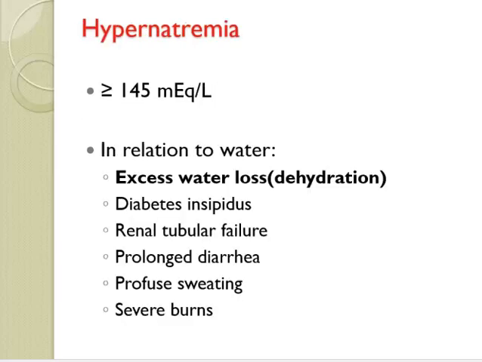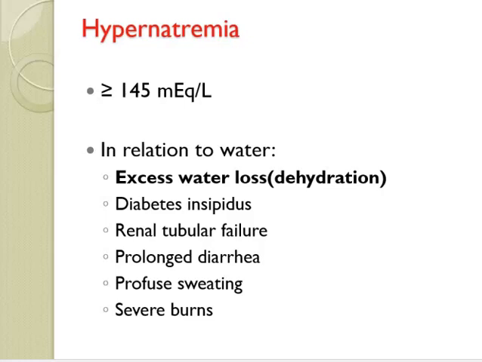On the other side, a patient could be suffering from hypernatremia, which is an increase of sodium, which would be greater than 145 milliequivalents per liter. It could be related to water: excessive water loss or dehydration, diabetes insipidus, renal tubule failure, prolonged diarrhea, profuse sweating, or even severe burns.